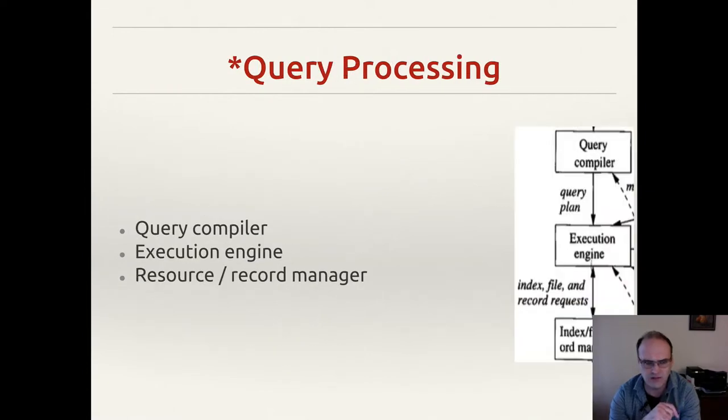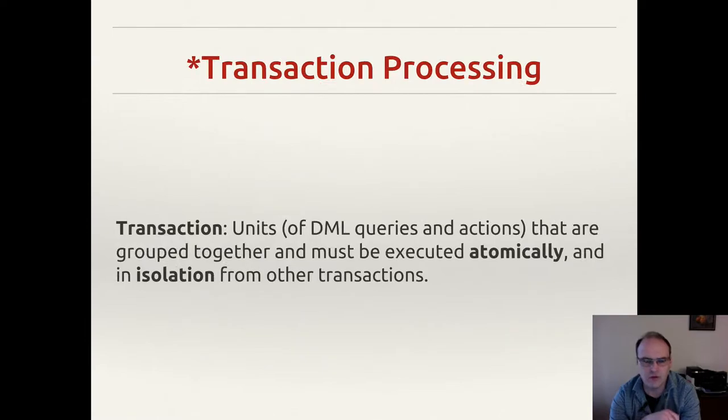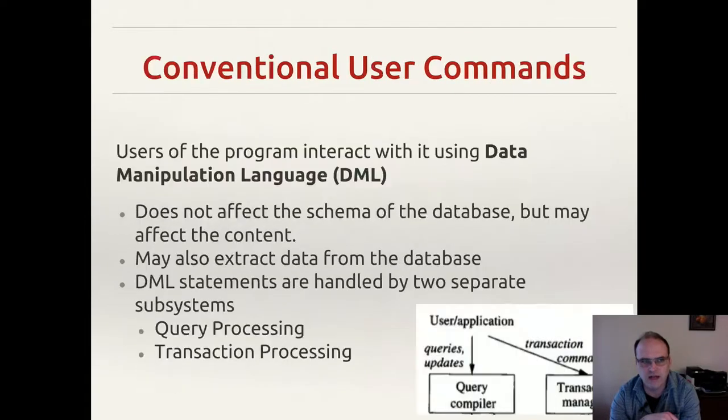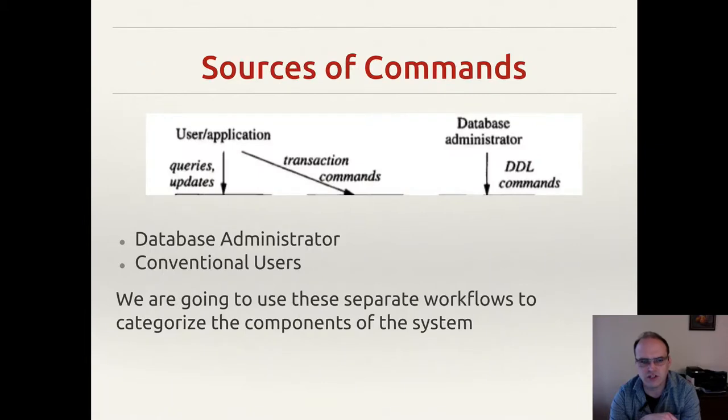When we get to these slides, you'll see I have a star in front of query, and later, when we get to transaction, I have a star there so that you know we switched over to that. Both of those are within the user commands, and DBA commands is a much shorter section, so we're going to start there, but it's really just one slide. That one's pretty straightforward. So with all of that introduction said, let's jump in.